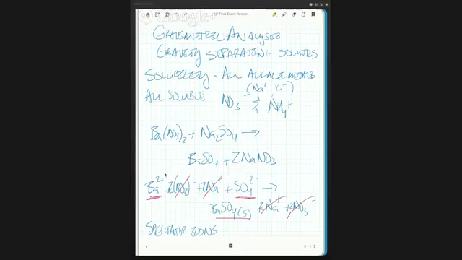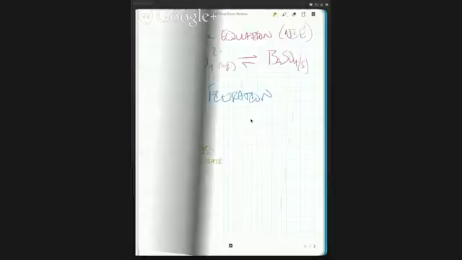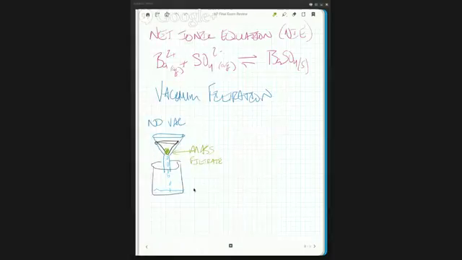You'll probably have excess of something. So you should be able to know on the molecular level. This was one of the labs we did. If you had to draw that, you're going to end up with, let's say, these squares and triangles, and the triangle is equal to the barium 2+, and the square is equal to the SO4 2-.